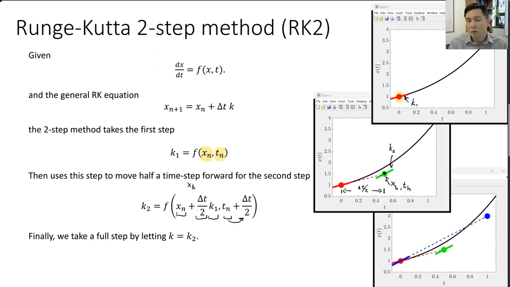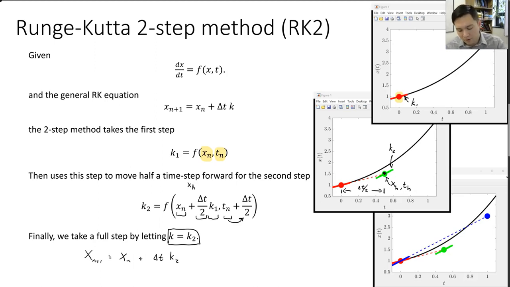So now we could determine k as some weighted average of k1 and k2, but it turns out that the most accurate approach is to simply let k equal k2. And so then to take a full step to perform the mapping from xn to xn plus 1, we say that xn plus 1 is equal to our current state, xn, plus a full time step delta t times our weighted slope approximation k, which in this case is just going to be k2.